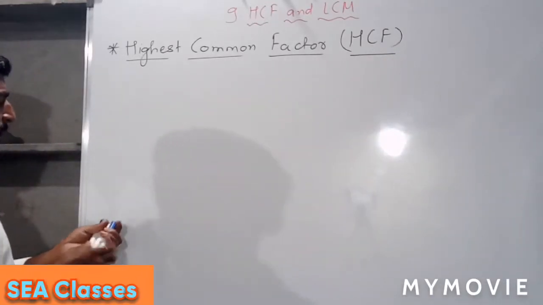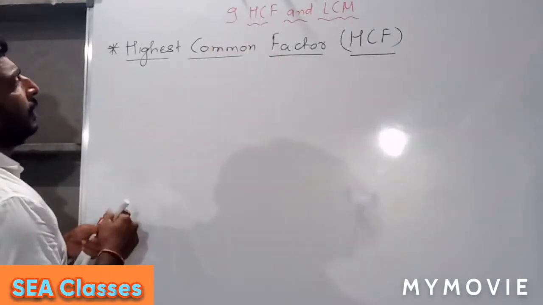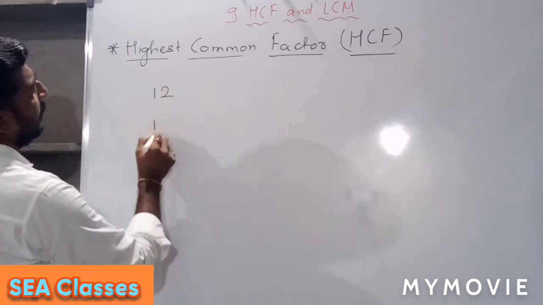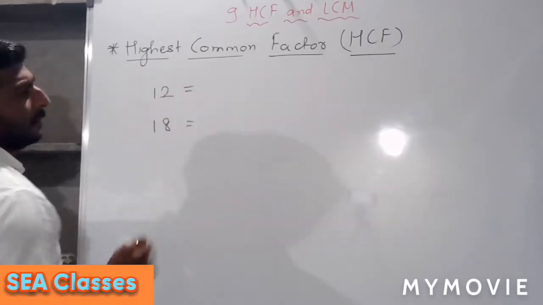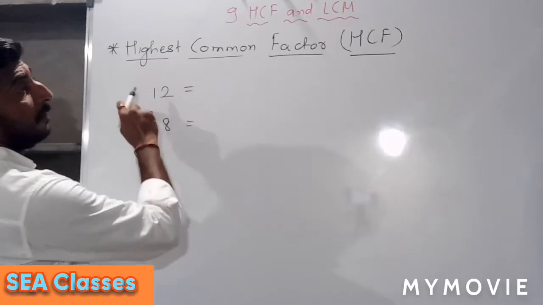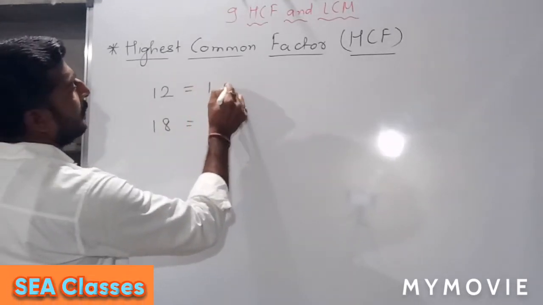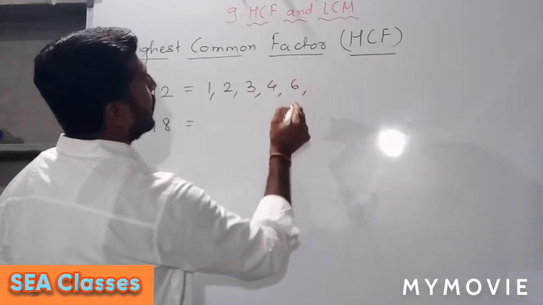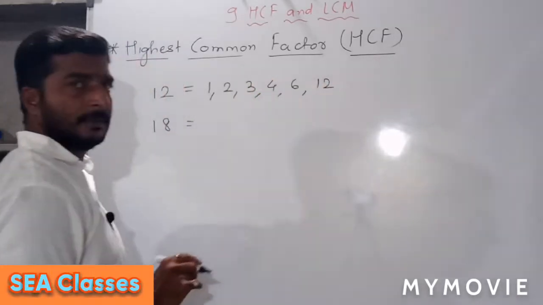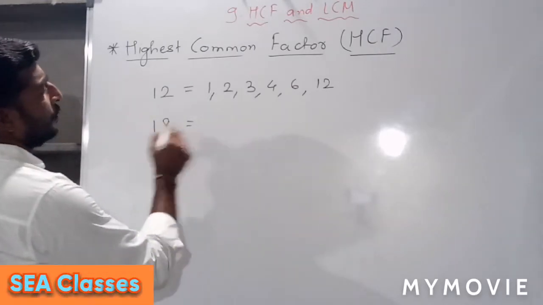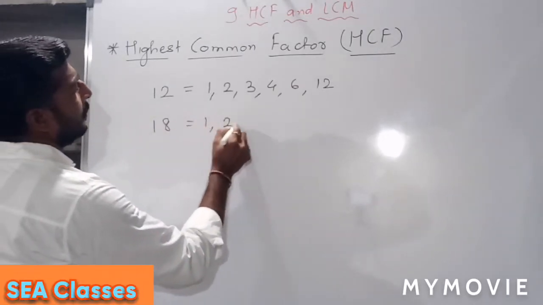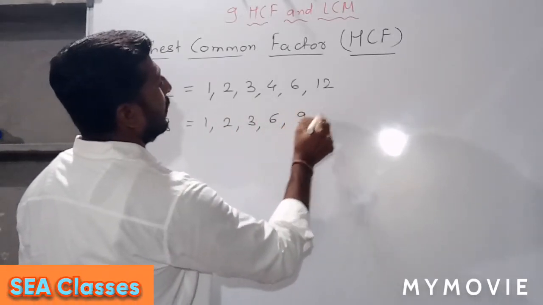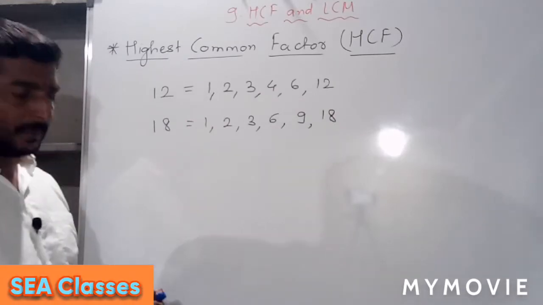Just now you have learned how to find common factors. Here we will find the factors of 12 and 18. The numbers which can divide 12 are of course 1, 2, 3, 4, 6 and 12 itself. Factors of 18 are 1, 2, 3, 6, 9 and 18.